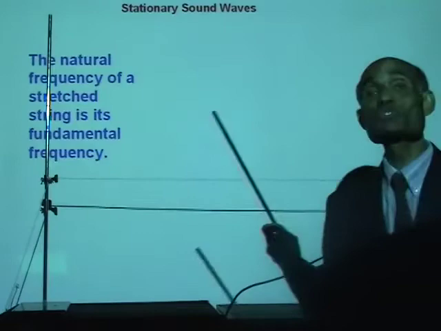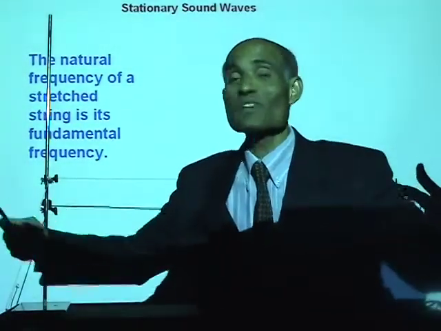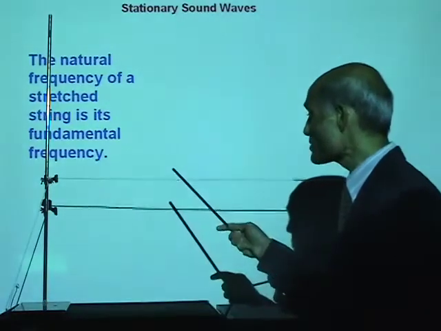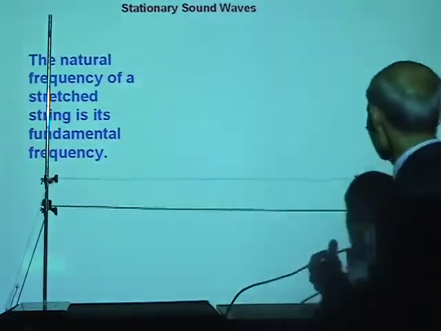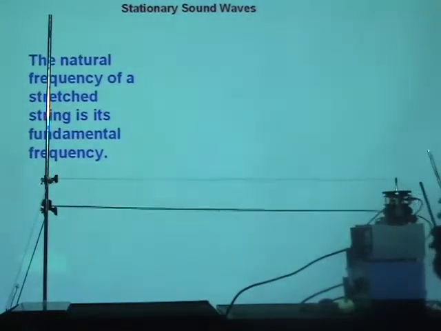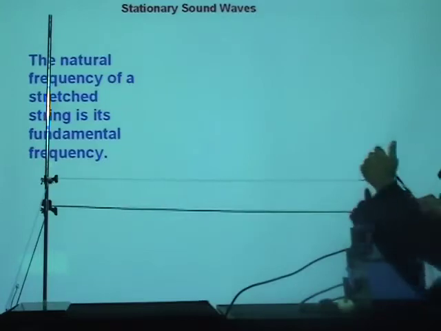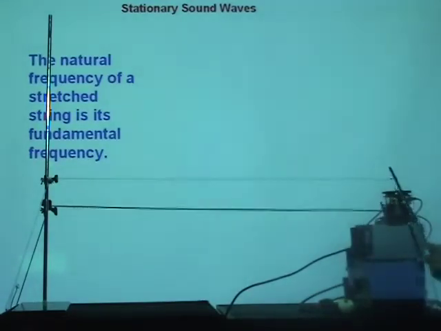And that's what we saw in stationary waves. Actually, stationary waves are formed when a string resonates with the frequency of an external force. You see, this is the external force. The string is going to be subjected to that. And let me show you how that happens.